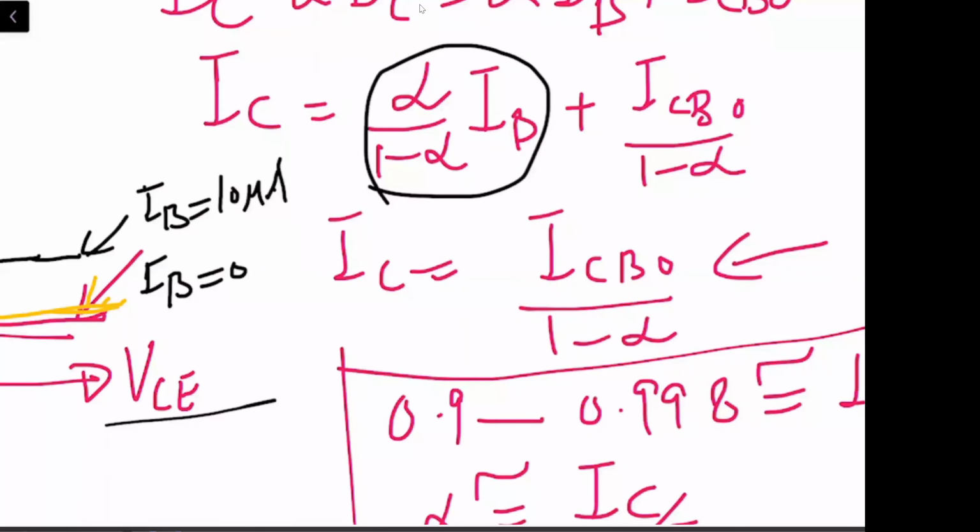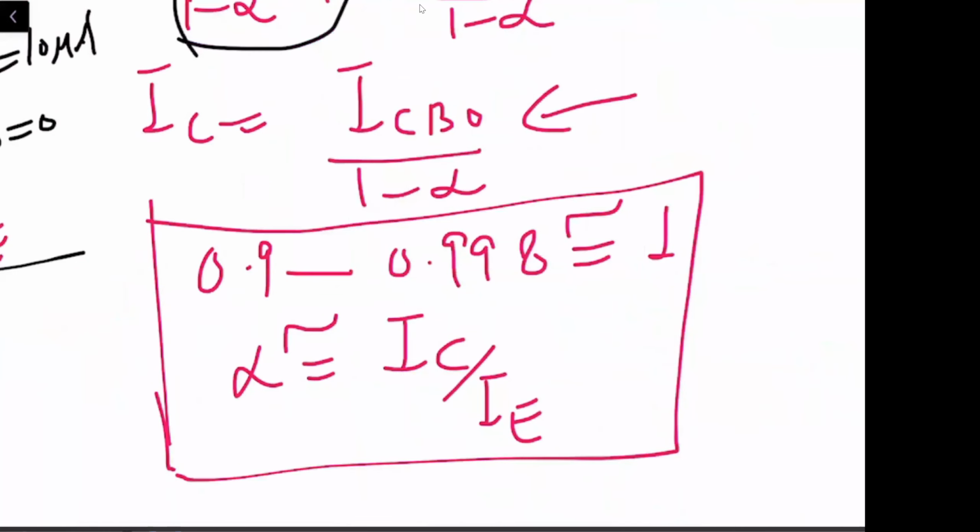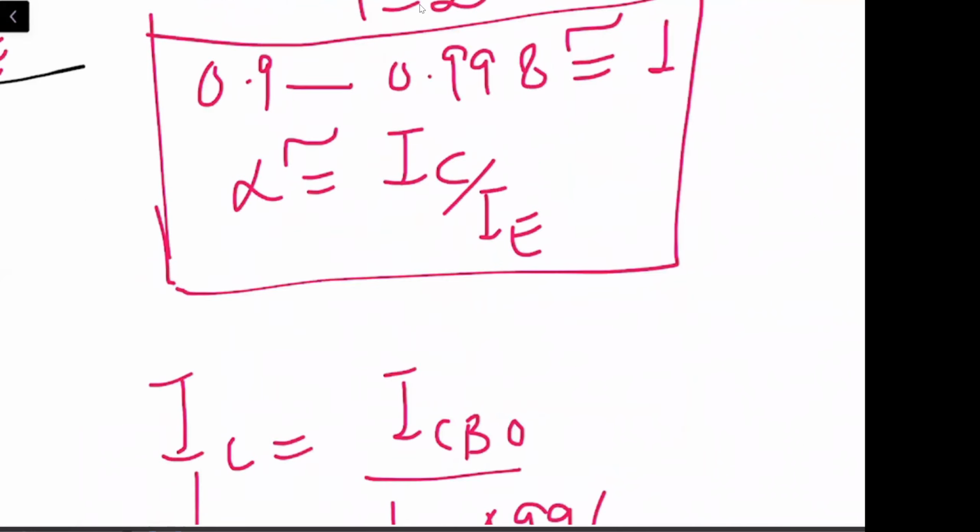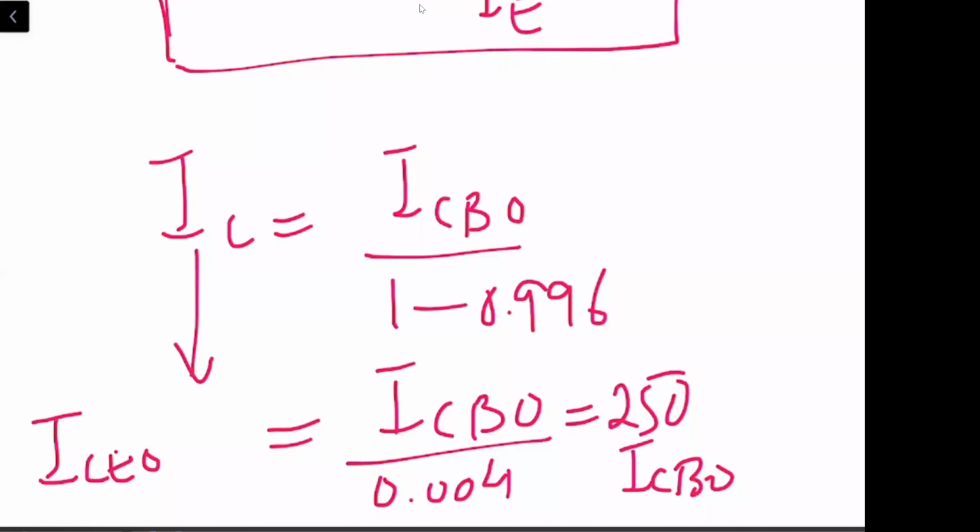Yes, sir. And normally the value of alpha is in between 0.9 to 0.998, because IC is almost equal to IE, so we can say approximately this is equal to 1. So we take one of the practical values from here for alpha.